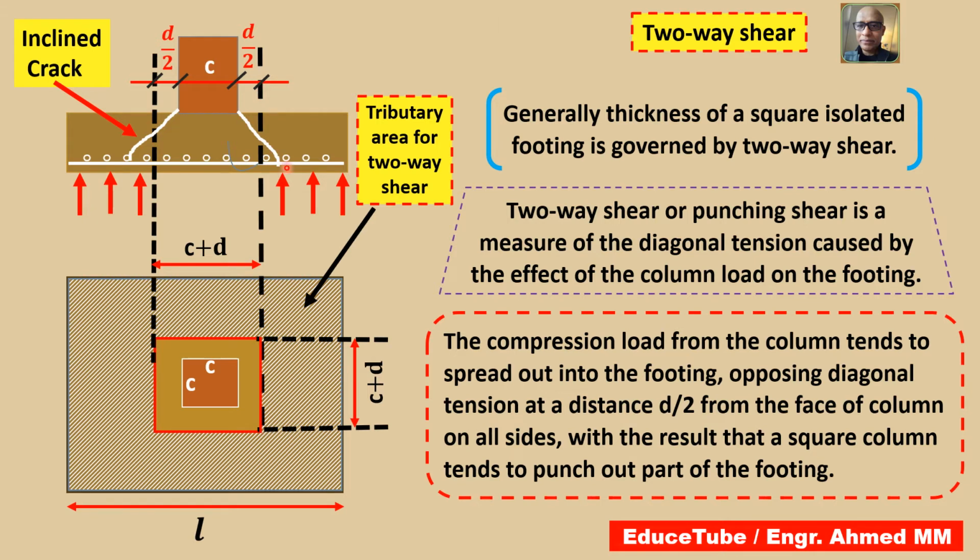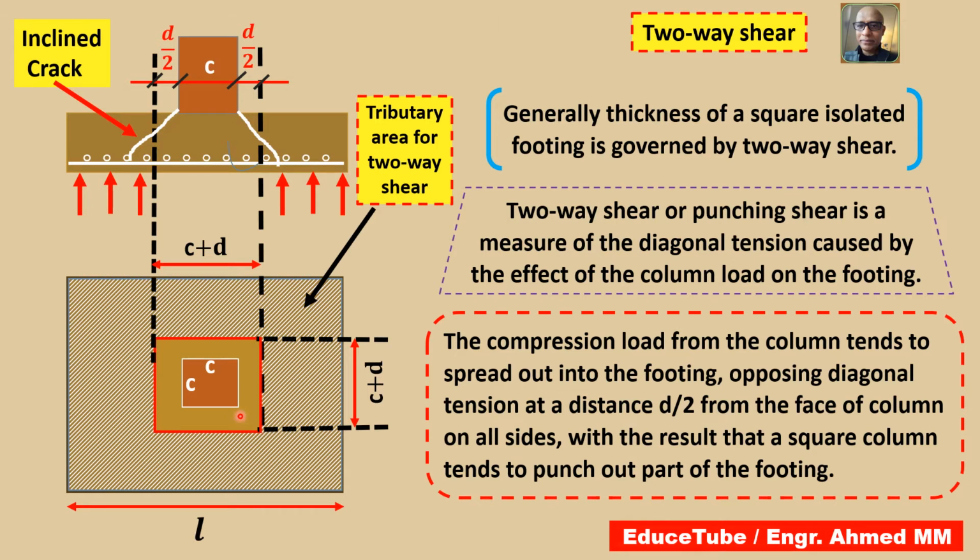That's why this hashed area is the tributary area for two-way shear. If the column size is C, then taking D by 2 on both sides of the column, we get this length C plus D, and this length also C plus D.